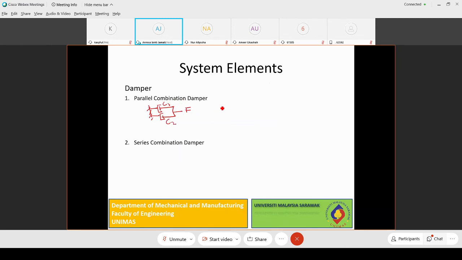So what is the value for the combination of these two dampers? So this is in parallel, right? So the addition of damper would be CE equal to C1 plus C2, right?